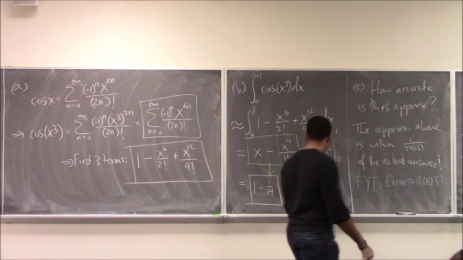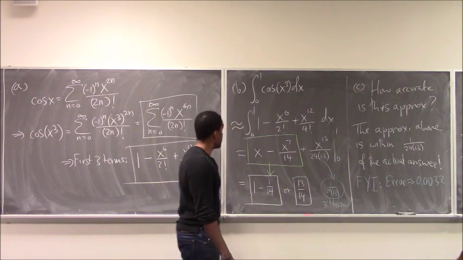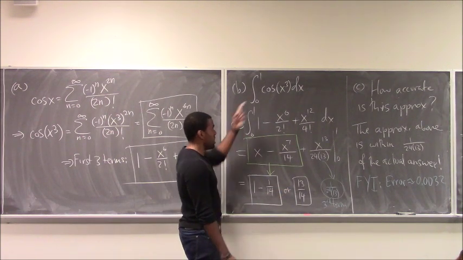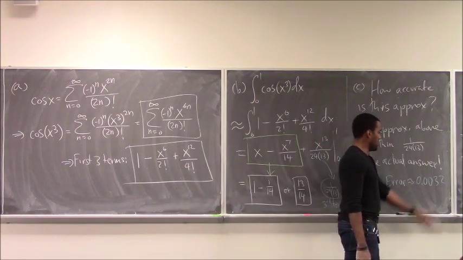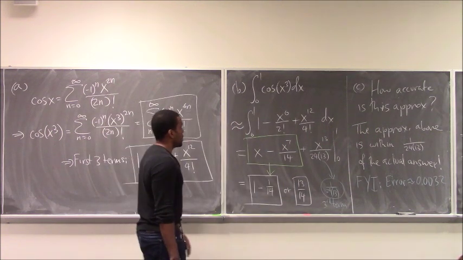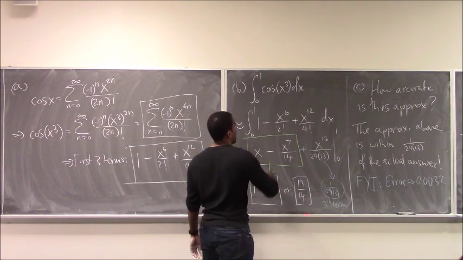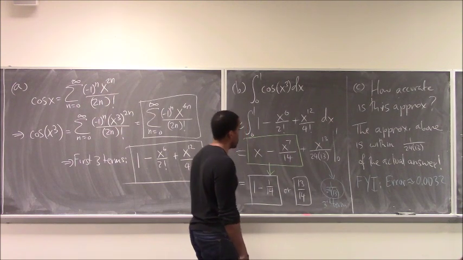Nothing's gonna round really. But the first 2 decimal places of this answer are actually going to be the first 2 decimal places of what the actual answer is. We're off by about 0.3%. Not actually bad. And that's because the cosine oscillates a lot for x cubed.